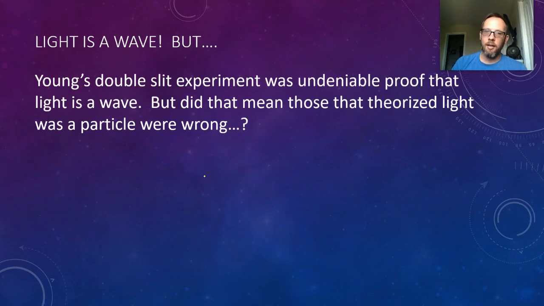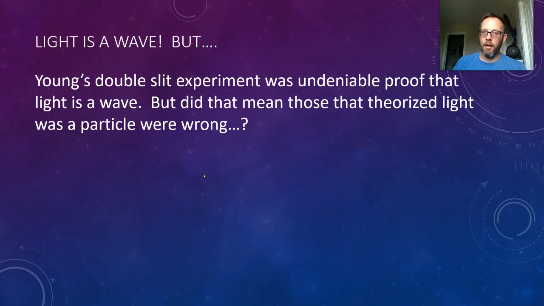And it was done. They did it over and over, with different slit separations, moving the screen farther away, changing the type of light you're shining through the double slits, and this held. And so it was undeniable proof that light actually does diffract. It follows these 2D interference patterns, and light is a wave.